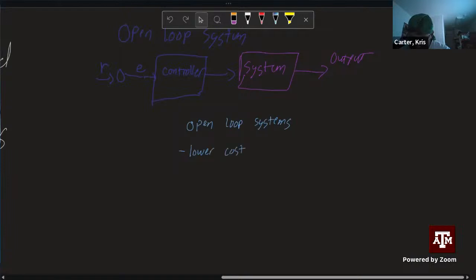They're more simple to build and calculate, but there's no feedback. And that means they're not very accurate and not very reliable. So I'll put those cons in red.